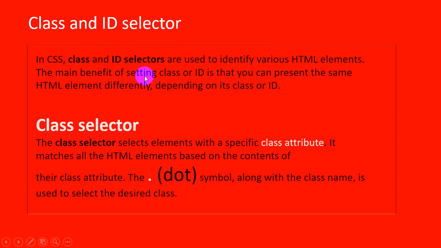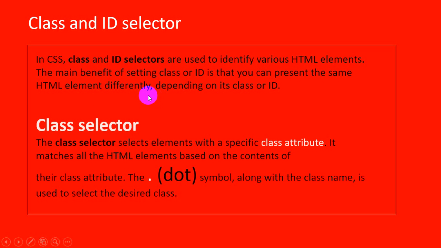Then the main benefit of setting class or ID is that you can present the same HTML element differently depending on its class or ID. What is meant by that? For example, you can use an h1 element multiple times, yes or no?